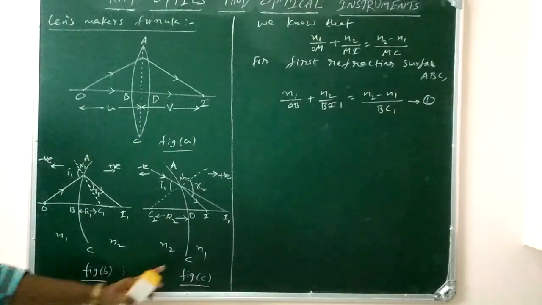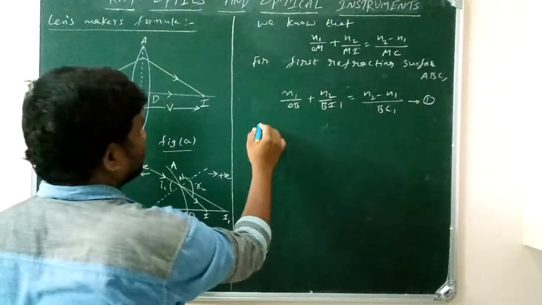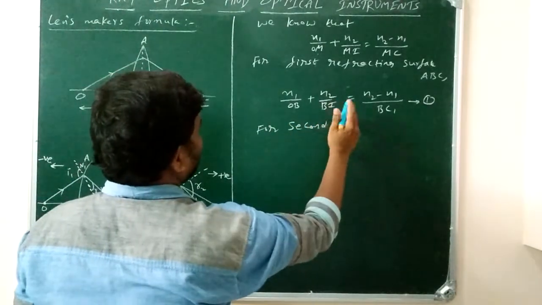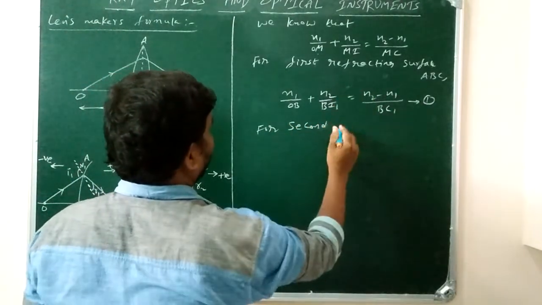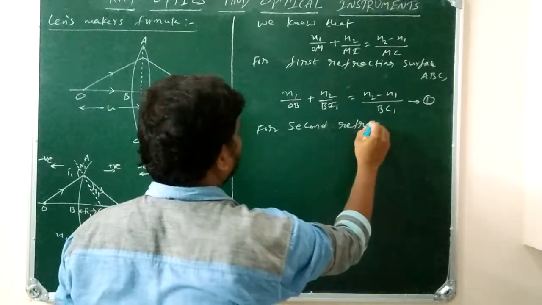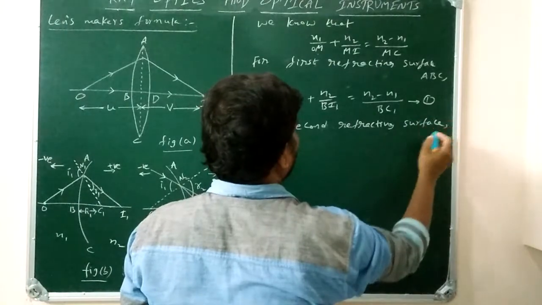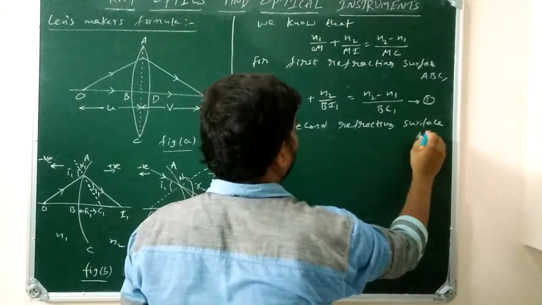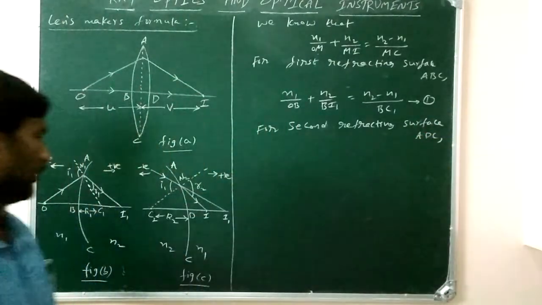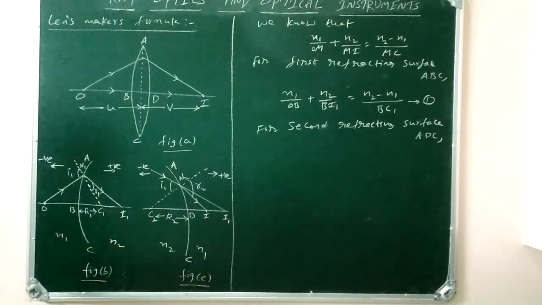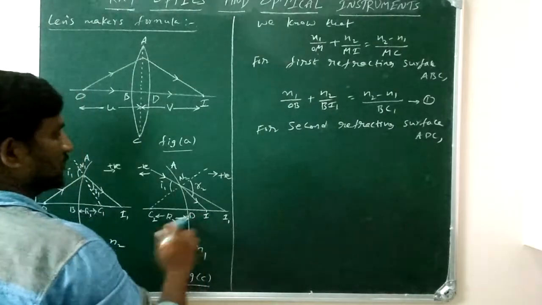Now for the second refracting surface ADC, the object distance is DI1 and the image distance is DI.